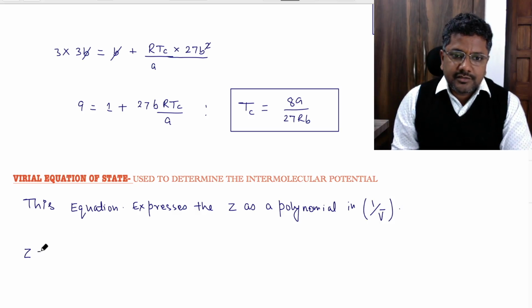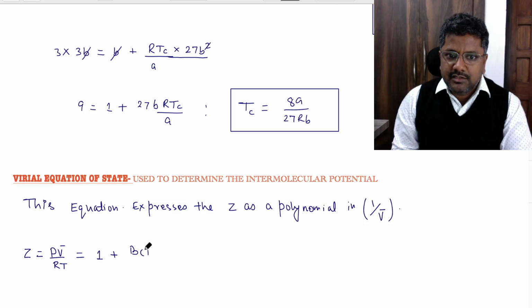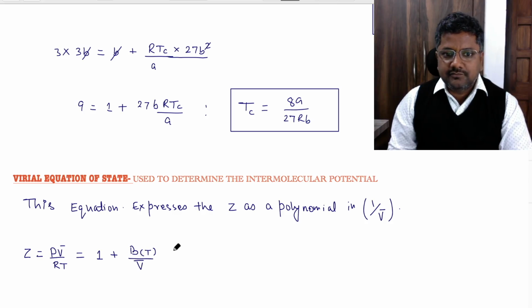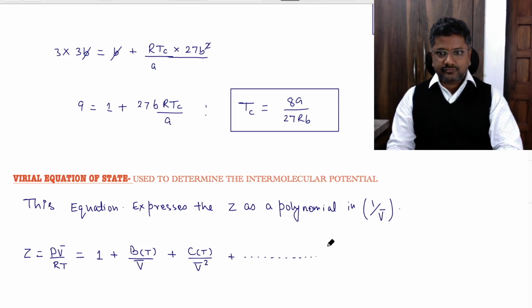So we can write here Z is equal to PV bar by RT is equal to 1 plus B(T) by V bar plus C(T) by V bar square plus and so on, right?